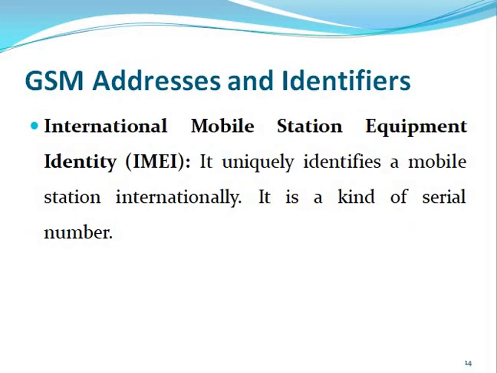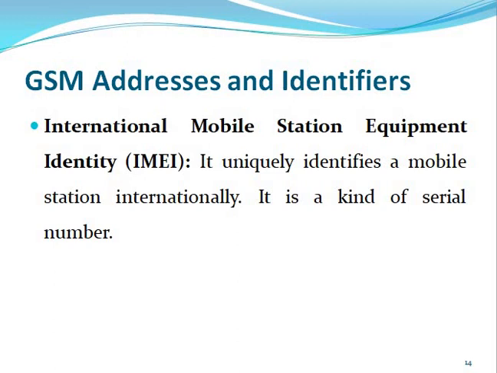Next we look at GSM addresses and identifiers. First, the International Mobile Station Equipment Identity. It uniquely identifies the mobile station internationally. It is a kind of serial number. So what is a GSM address and identifier?